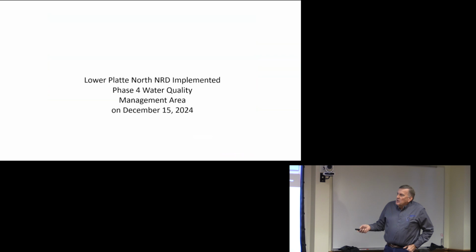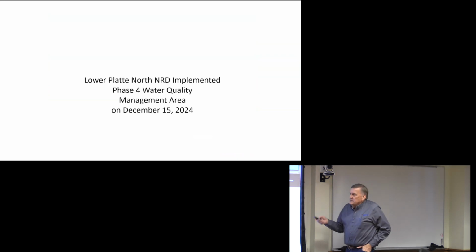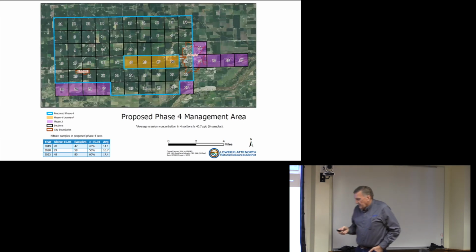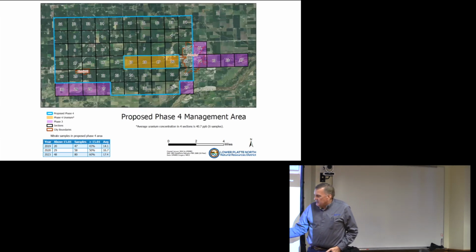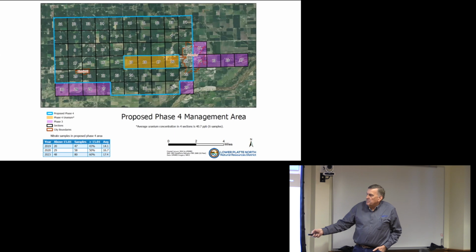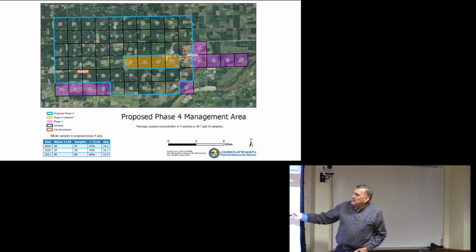So we did implement a phase 4 on December 15th of 2024, and we ended up with a boundary like this. Then we met the criteria for nitrates, and we have average uranium at 40 parts per billion on 6 samples within that area.